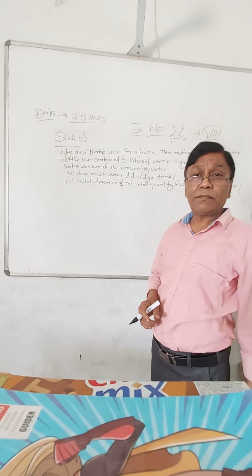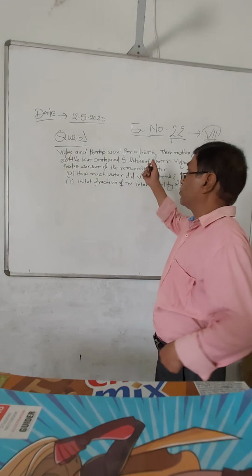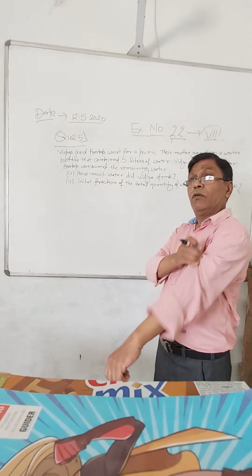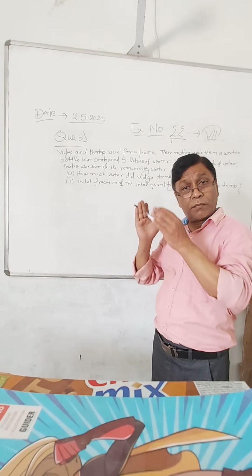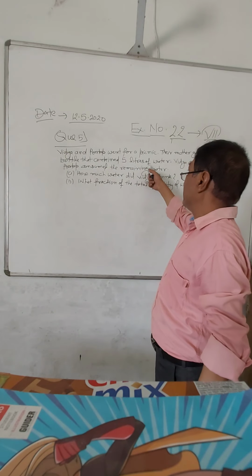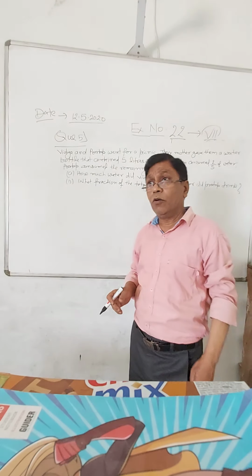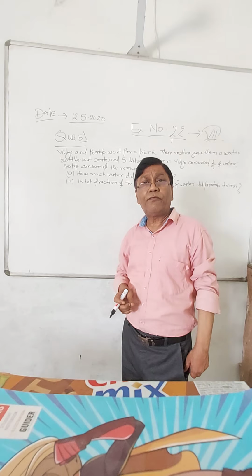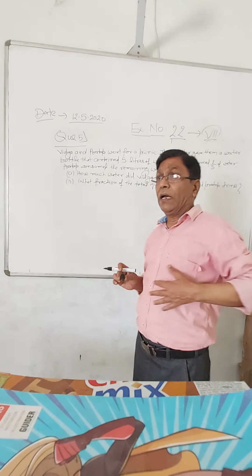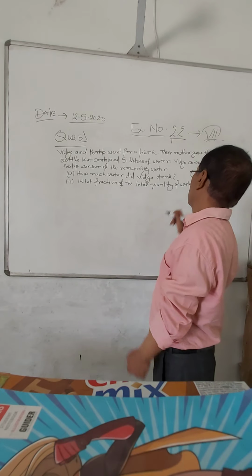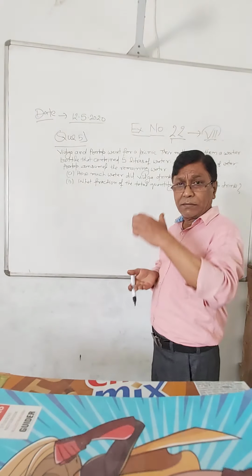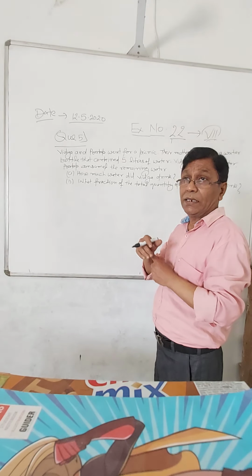It means what? विद्या और प्रताप दोनों पिकनिक को गए और उनकी मदर ने उनको एक वाटर बॉटल दिया दैट कंटेन्ड 5 लीटर ऑफ वाटर. विद्या कंज्यूम 2/5 of water. जितना था उसका 2/5 विद्या ने कंज्यूम किया.